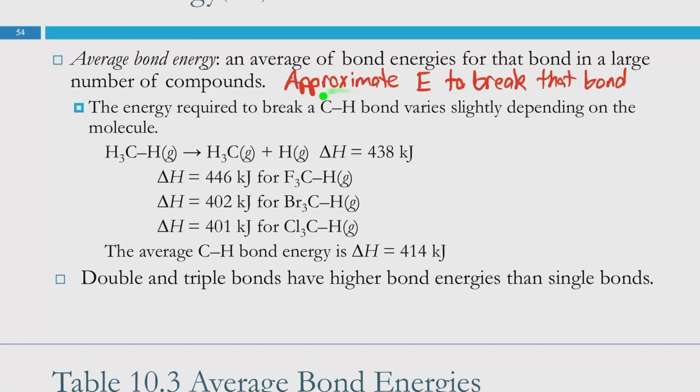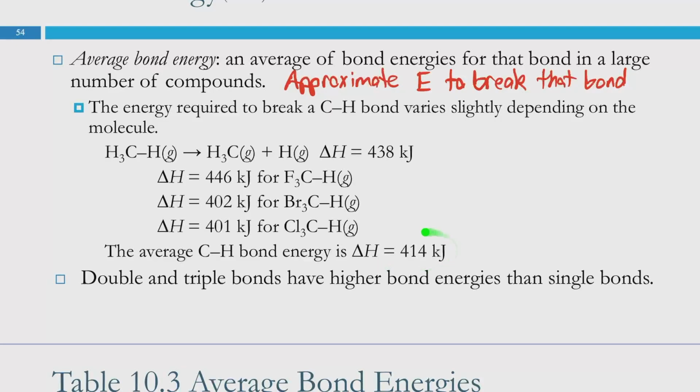So for example, a carbon-hydrogen bond, this is typically how we'll look at them, a bond between two different atoms. It varies depending on the molecule. So in methane, breaking one of those bonds takes an input of 438 kilojoules. If it's in F3CH, it's 446, so it takes a little more energy. If it's in a compound with bromine instead, it's 402, and it's 401 if you have chlorine as those other groups.